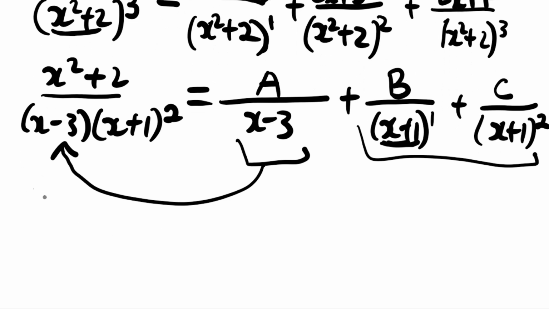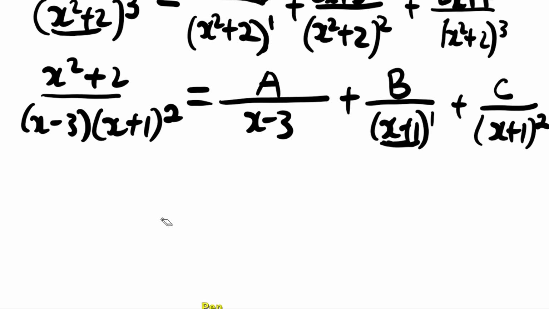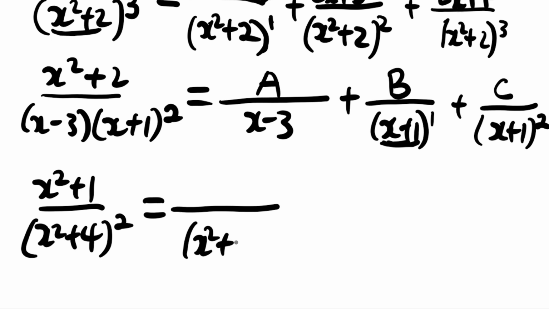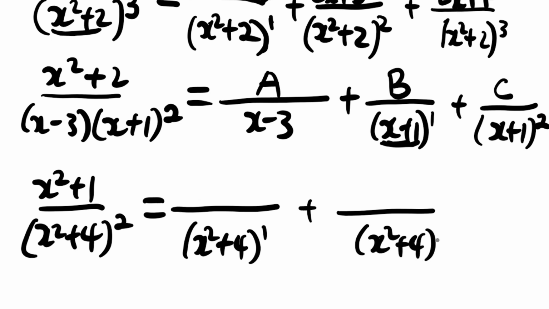So that means that if I have something of this sort, s squared plus 1 all over (s squared plus 4) all squared, then for the sake of repetition, we have power 1 plus (s squared plus 4) power 2.